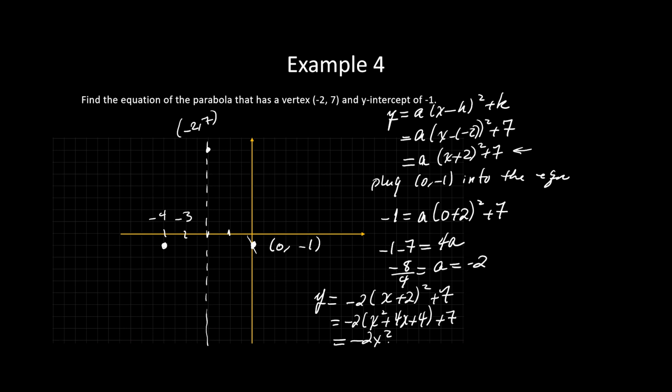Negative 2 times 4 is negative 8x. Negative 2 times 4 is negative 8, plus 7. That's negative 1. Okay? And automatically you would see if I plug x equals 0, which is what the y-intercept is, I'll get negative 1 for the y-intercept. So this one checks out nicely.